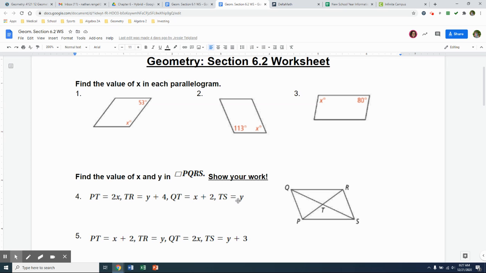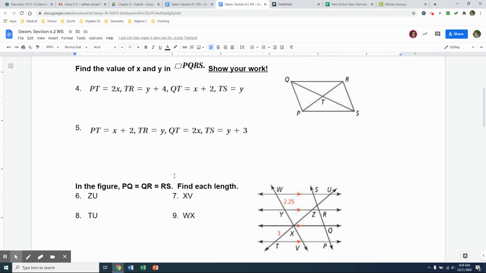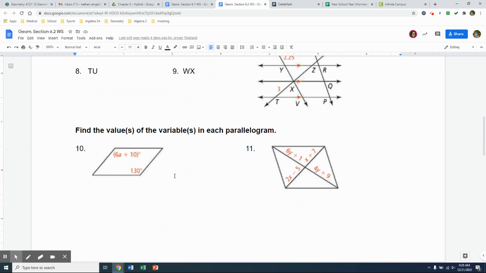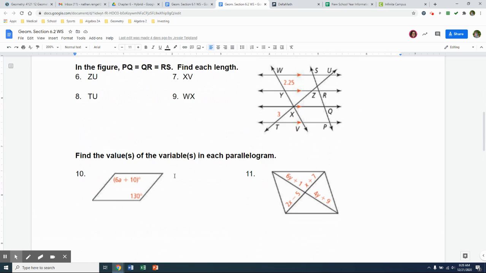The nice thing is tomorrow in section 6.3 we review each of those theorems, just looking at the converse of each one. We look at how I can prove that I have a parallelogram based on certain stats I'm given. But in section 6.2, we start to look at some special relationships with parallelograms.